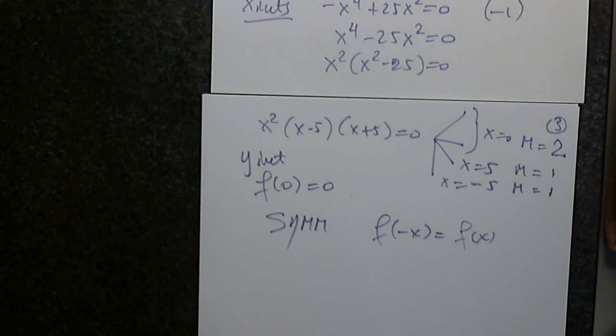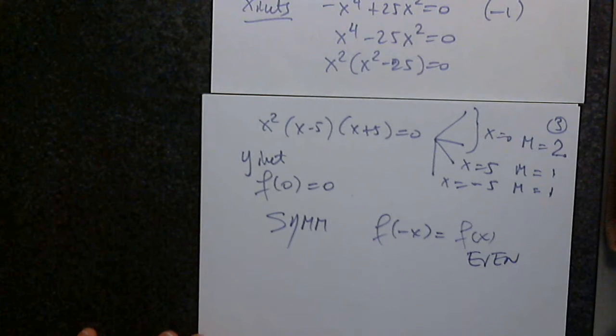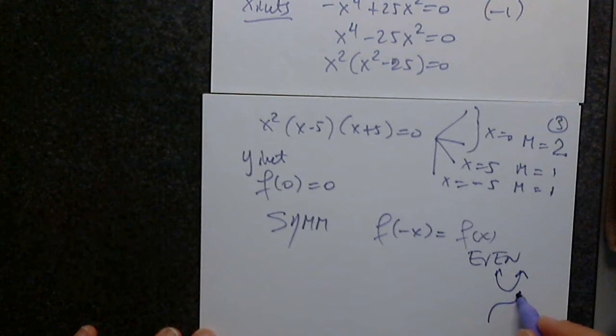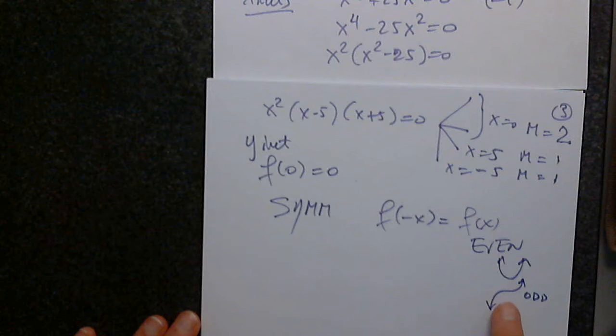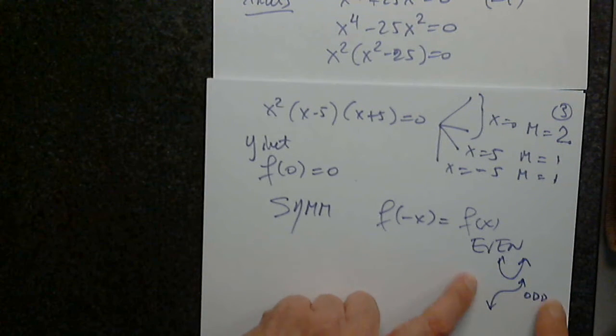So what type of function will do this? F of negative x equals f of x. Even. Yes, with respect to the y-axis. Remember, even is like this, and odd is like this. But this is not the case because the end behavior is not negative infinity to positive infinity or the other way.